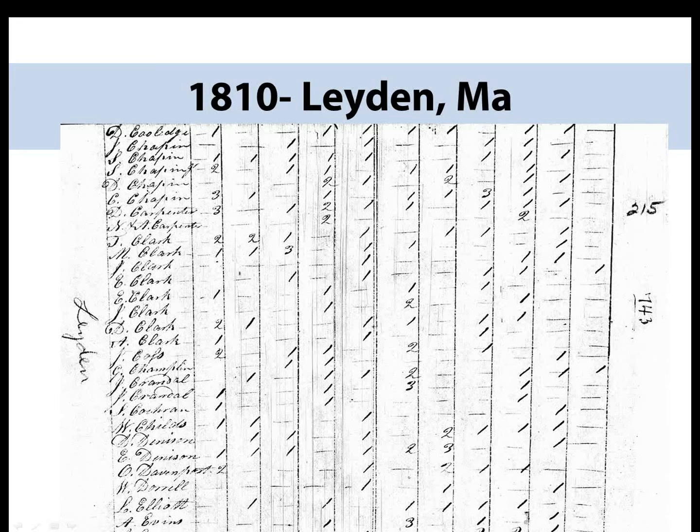Now it's not exact alphabetical order, but you can tell that all the C's are together, and all the D's are together. So if we were using the 1810 Leiden census, you cannot use this to determine neighbors that may have been related or who maybe lived next door to your ancestor.